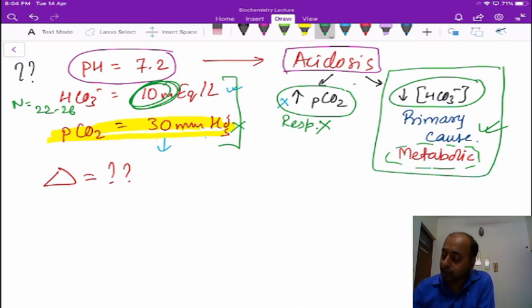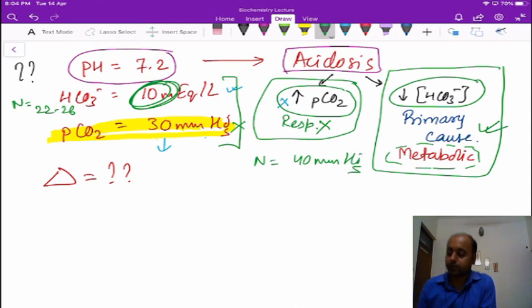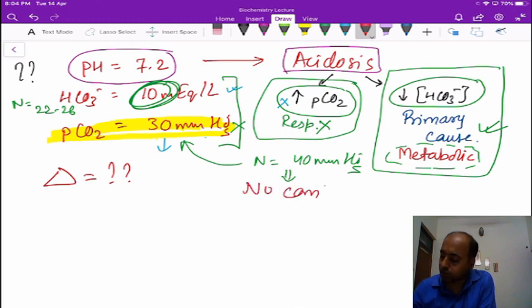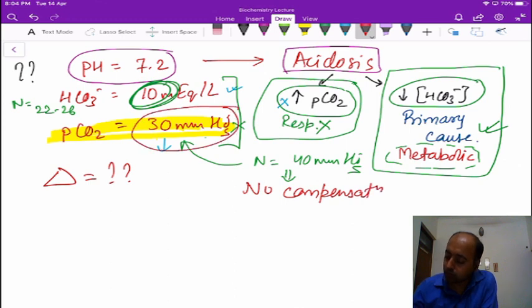Again, look at the PCO2 value. PCO2 normal should be 40 millimeter of mercury. What is the value here? It is not increased. If it were normal, then we would say no compensation. But here it is not normal.